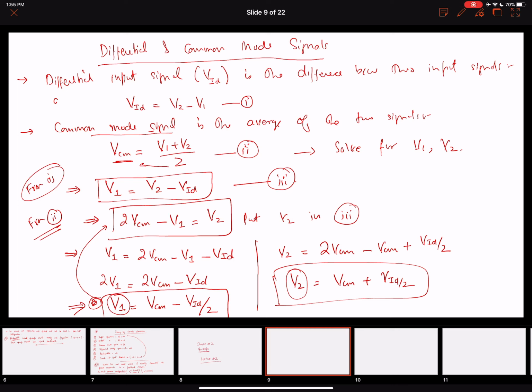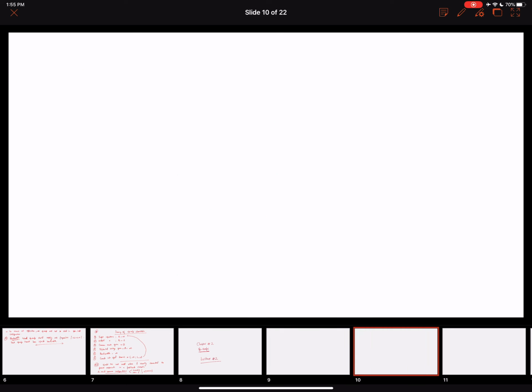Now let's see how we can represent this in the form of circuits. Let's suppose this is my V1 signal, this is grounded, and this is terminal number 1. Similarly, this is my V2, and this is my second terminal.